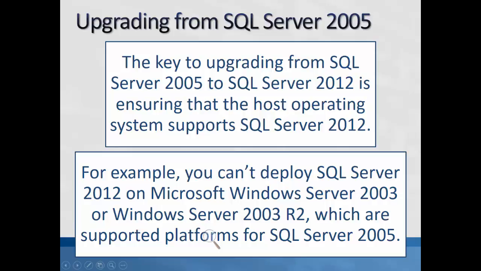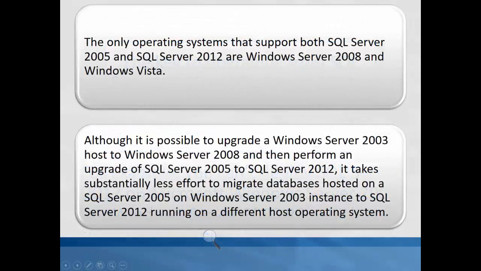So definitely we cannot go from SQL 2012 to 2016 on the same platform, especially Windows 2008 with 32-bit hardware architecture. The only operating systems that support both SQL Server 2005 and 2012 are Windows 2008 and Windows Vista. Okay, so 2005 and 2012 are supported on 2008, but for 2016, if you're going for that, just make sure whether it supports 2008 or not.